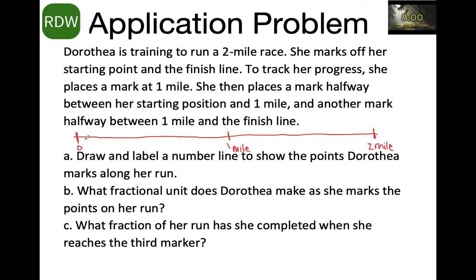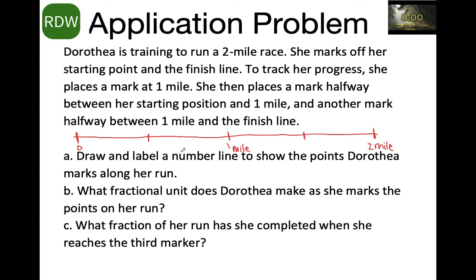The whole race is our whole. Then it says she places a mark halfway between her starting position and 1 mile. So halfway is right in between them, just about right in between them equally. So make sure you have 2 equal parts there. And then another mark halfway between 1 mile and the finish line. So halfway, they just wanted you to make sure that they gave you equal parts.